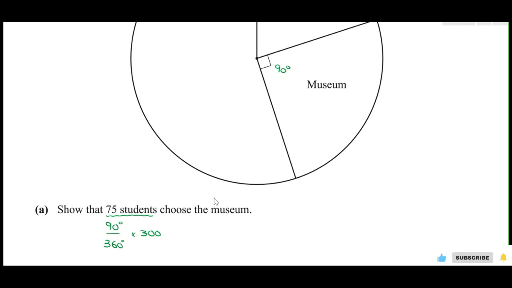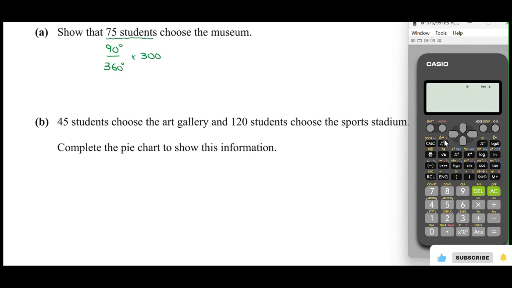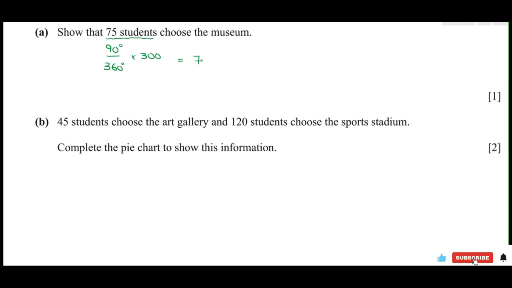Now let me simplify this using a calculator. 90 divided by 360 and multiplied by 300 is 75. It is proved, yes. So 75 students choose the museum.